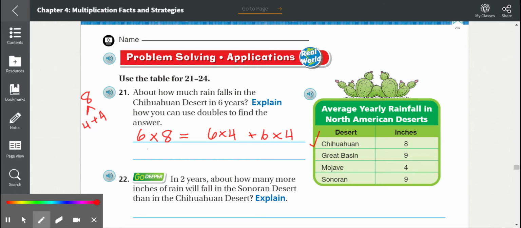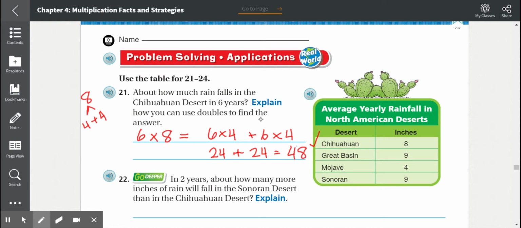Well, 6 times 4 is 24 plus 6 times 4 is 24. Now we can just add those. 4 plus 4 equals 8. And 2 plus 2 is 4.